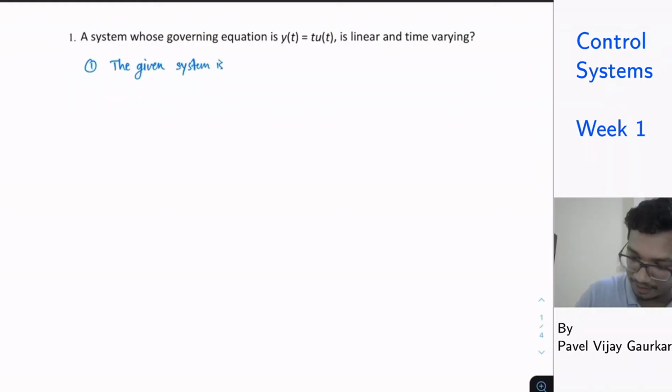The given system is governed by this equation: y of t equals t times u of t. The first thing we can look at here is the coefficient of u, which is t.